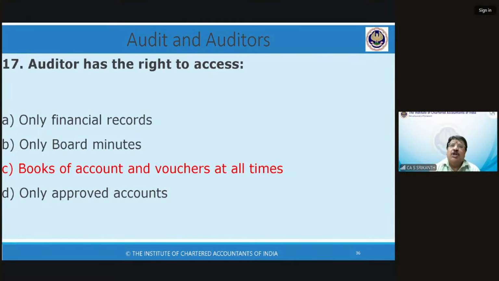For example, stock statement, production records, he can see that also, because that's part of the audit. Auditor has right to see everything. Even technical information, even confidential information I can take, because when I'm the partner signing and all my employees are bound by confidentiality, the firm is bound by confidentiality. So it can be shown. Secretarial documents, minutes of board meetings, register of charges, everything, at all times.